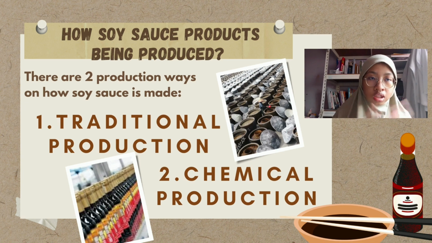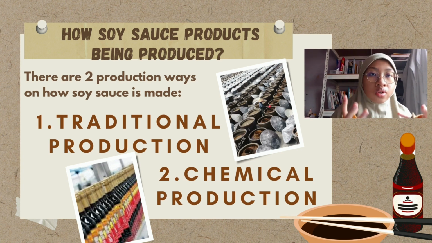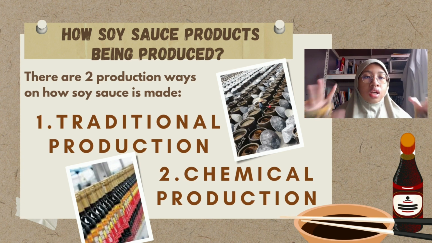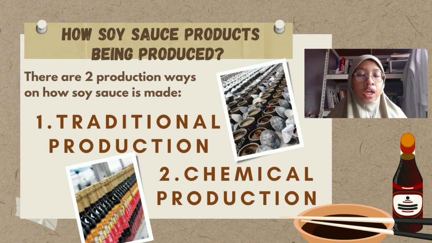Chemical production is a much faster and cheaper method of making soy sauce. This method is known as acid hydrolysis, where we can produce the soy sauce in just a few days instead of months. In this process, the soybean will be heated to 80 degrees Celsius and mixed with hydrochloric acid.